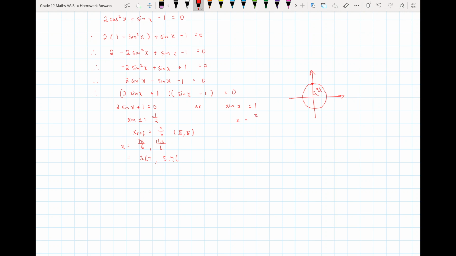So therefore, this is just pi by 2. And I will just put that in the calculator. So for every cycle, sine will only reach a height of 1 once. So therefore, there isn't a second angle. So combine them together, I have these to be my final answers.